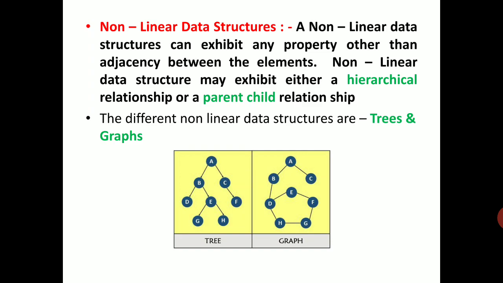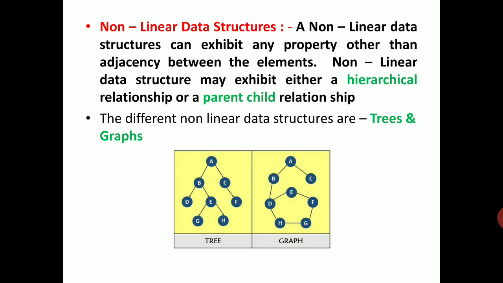Then what are the operations we are going to perform on non-primitive data structures? Traversing means visiting each data element at least one time. Insertion, adding a new element to the existing data structure. Deletion, removing an element from the existing data structure.